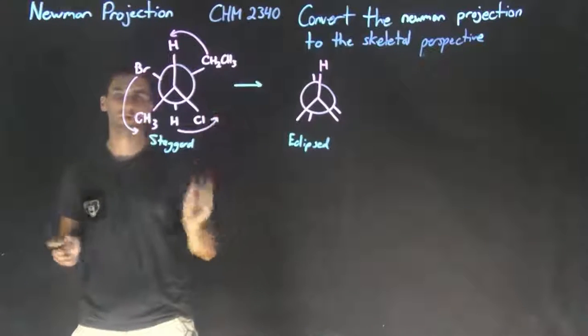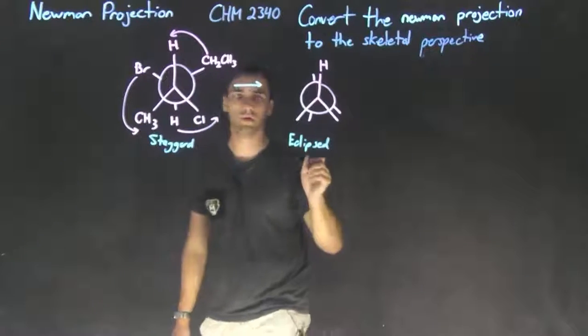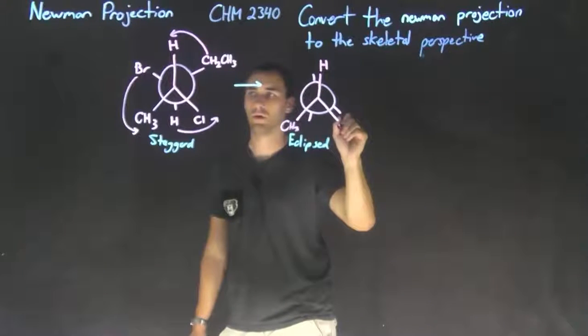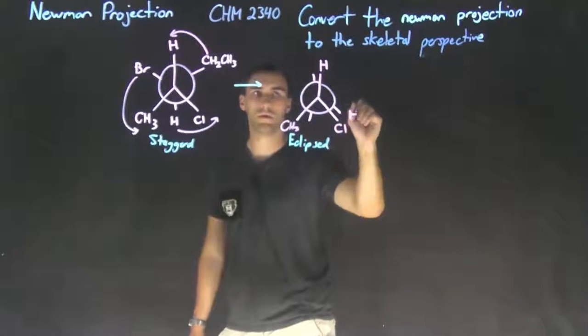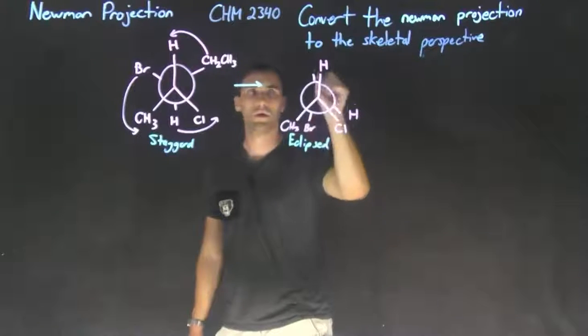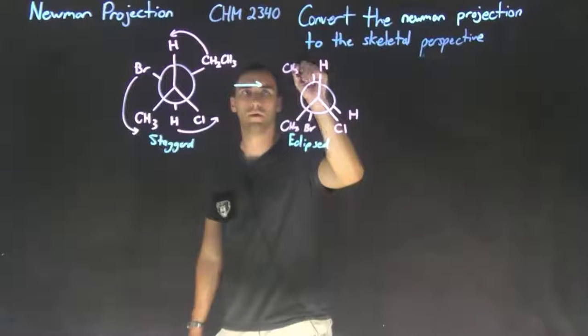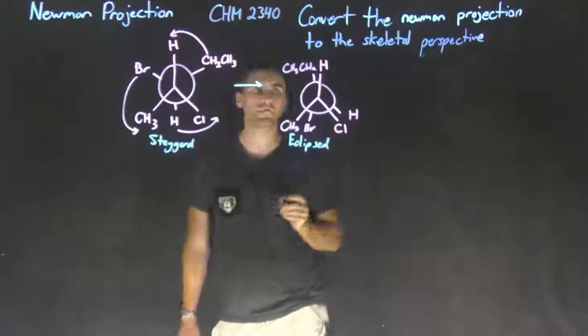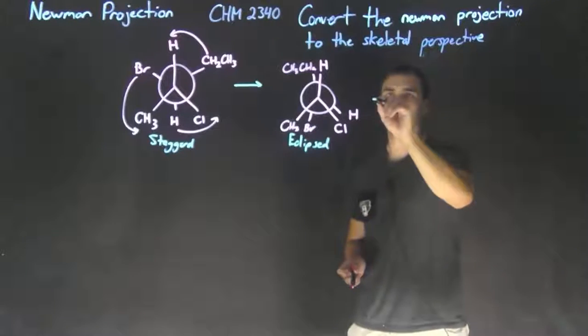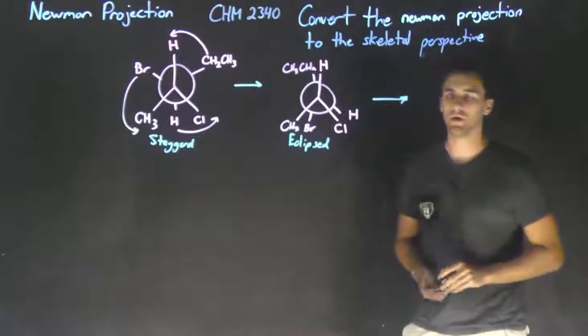I did not touch the front carbon, only the back carbon. Now that we have our ellipse Newman projection, we can go to the Fischer projection.